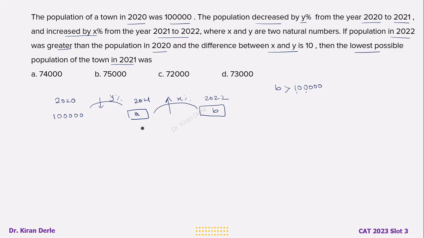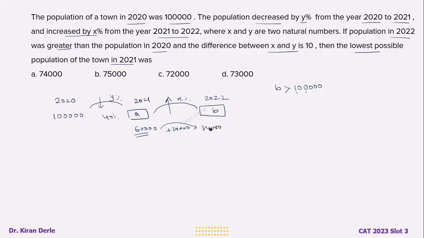For example, let's say 40%. If it is decreased by 40%, it will become 60,000 in 2021. I'm just taking an example to make you understand. So if you have to increase this value by some percentage such that this value should be greater than this, now tell me, if you have decreased it by 40% and you increase by 40%, it will increase by 24,000. 40% of this value will be 24,000, and so it will make 84,000 only.